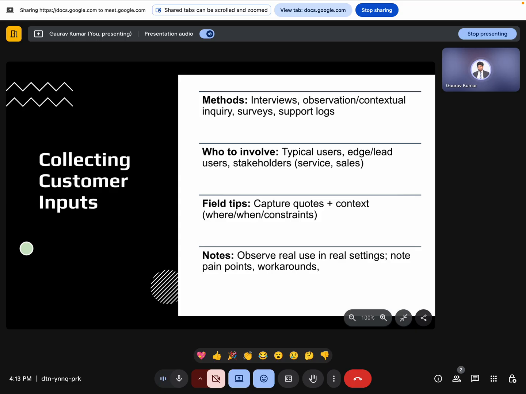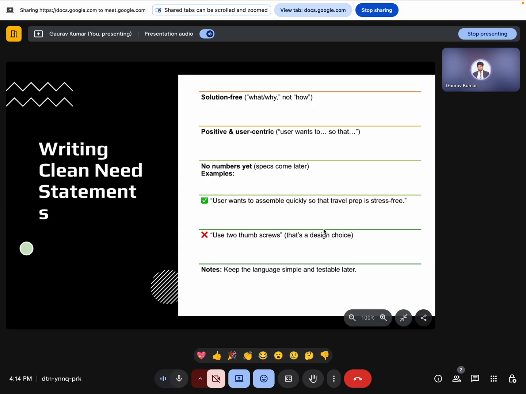Two prompts that always help are: walk me through the last time you did this, step by step, and what was hardest and what did you try? These reveal the genuine pain points and the workarounds people invented. Moving towards the next, writing clean need statements.